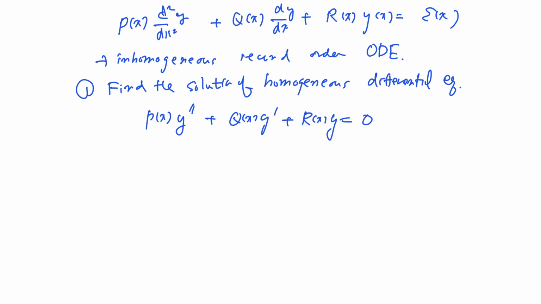At this stage, we don't actually know the exact form. Let us just say the homogeneous solutions are y_h1, y_h2.